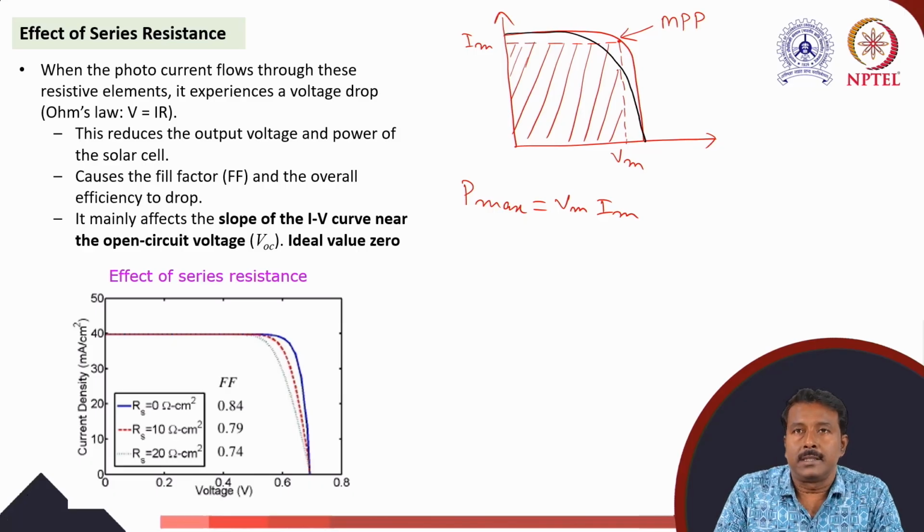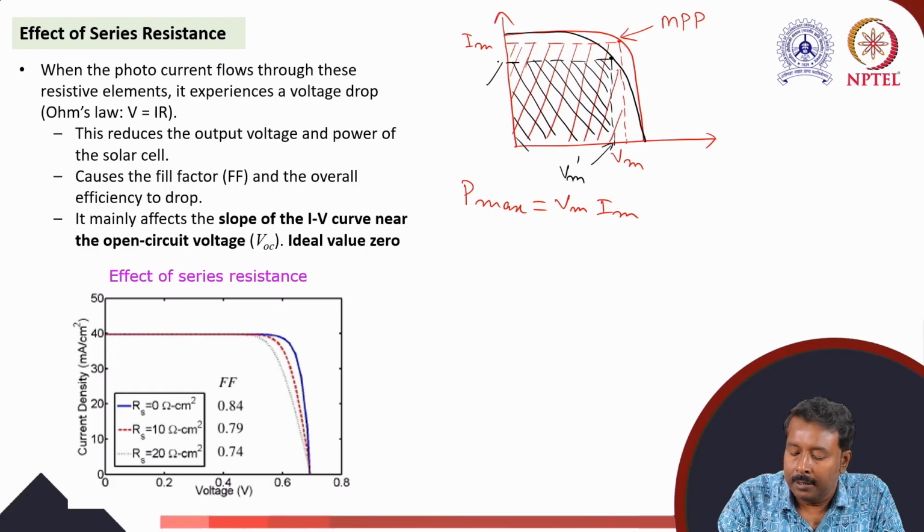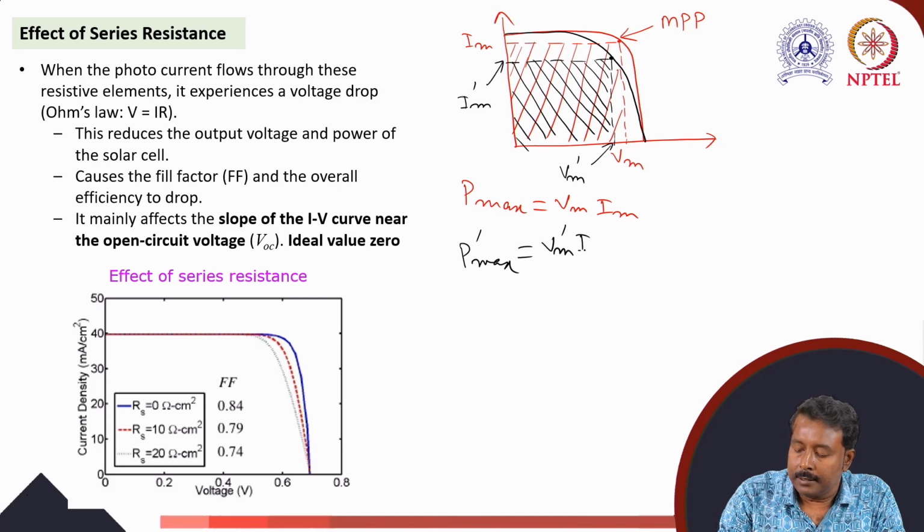The curve looks like this. And in this case, if it is the maximum power point, this will be Vm dash, this will be Im dash. So P max dash will be Vm dash Im dash.